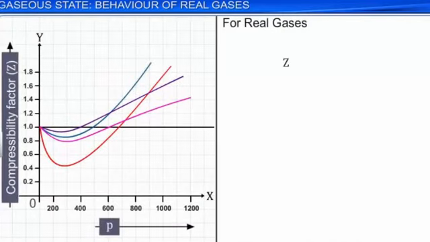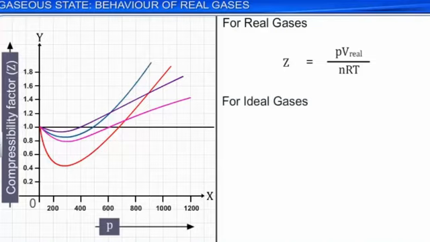If the gas is an ideal gas, then V is equal to nRT divided by P. On substituting the value of nRT divided by P in the equation for compressibility factor, we get Z is equal to V real divided by V ideal. From this, we can conclude that Z gives the ratio of the actual molar volume of a gas to the molar volume of it if it were an ideal gas at that temperature and pressure.